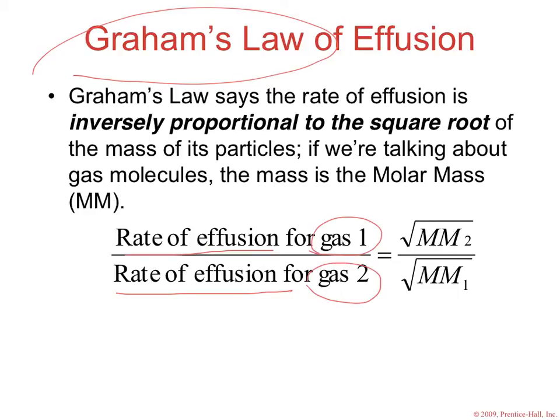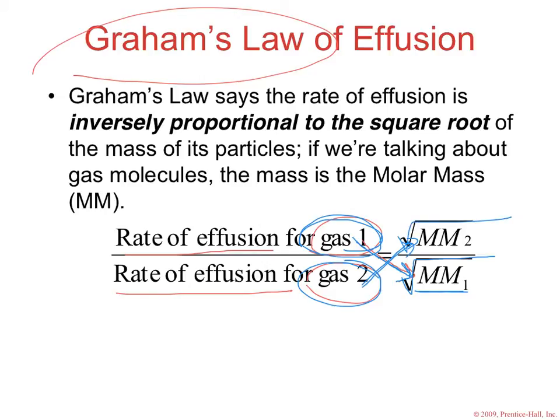Remember that the rates are inversely proportional to the molar mass. So if you're asked to do this ratio, just make sure that you put the molar mass of the gas that's on top on the bottom, and the molar mass for the gas that's in the denominator on the top. Don't forget the square root too. A lot of people tend to forget that.